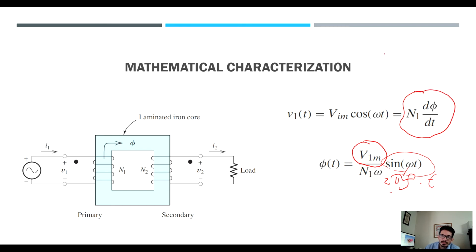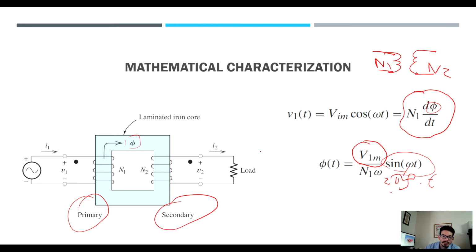is from the electromagnetics on two coils near each other, where this is N1 and this is N2. This phi is the magnetic flux density of the magnetism going through a material. So this is the primary, this is the secondary side. Here would be your motor, your compressor, your whatever it is.